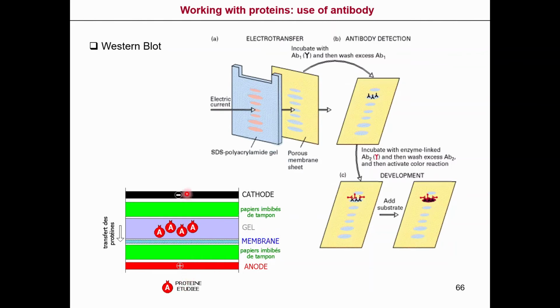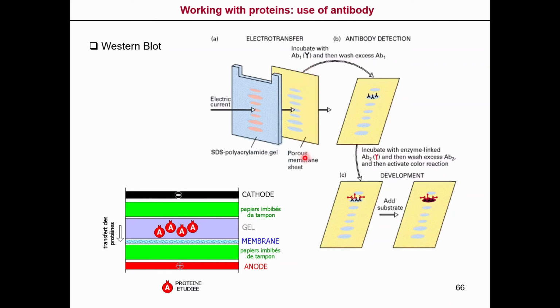And you make the electrotransfer because your proteins are still negatively charged because of the SDS. You put some paper with buffer on the top and the bottom of the gel, and you apply an electric field. So the negatively charged proteins will go to the membrane. Okay. So you have all your proteins here.